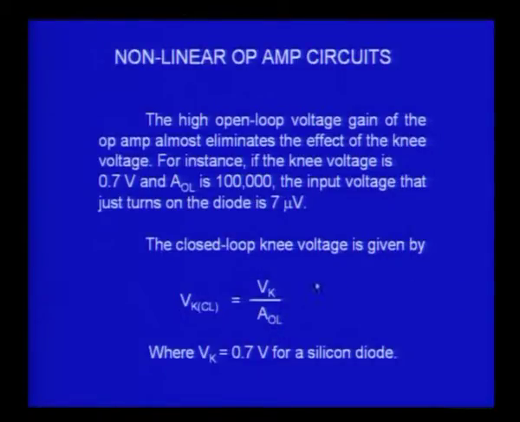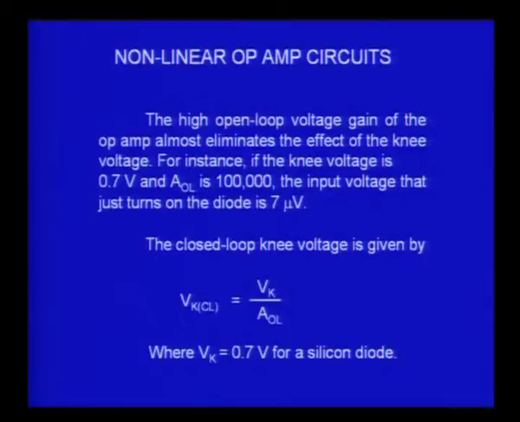So, Vk is about 0.7 volts normally, and AOL is 10^5, and therefore, 0.7 by 10^5 is about 7 microvolts. So, you can see the cut-in voltage becomes reduced from 0.7 volts to 7 microvolts, which is a very small value, and this is the greatest advantage that you get when I combine an operational amplifier with a normal diode to obtain an ideal diode configuration.